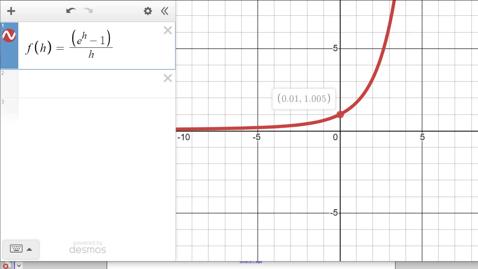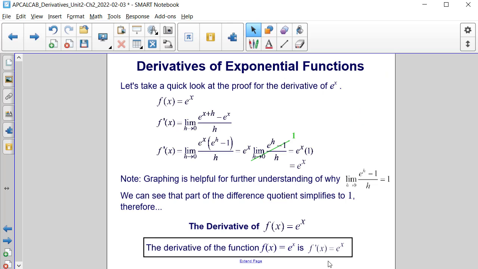Notice at 0 it's undefined there. And then as I approach it from the right-hand side, it's getting closer and closer to 1. So that is why we are able to cancel it out while simplifying and have it be equal to 1.